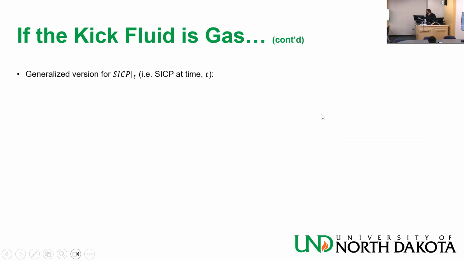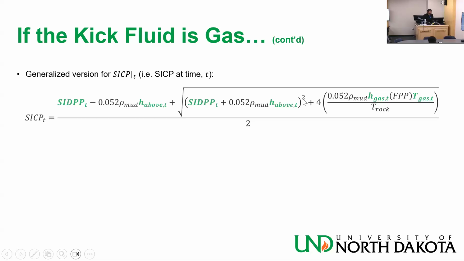A generalized version. We saw three equations, and they're basically the same equation. How do I take them all together and generalize them? I will make it SICP at time t equal to SIDPP at time t minus 0.052 rho mud h above at time t, SIDPP at time t, plus all this.